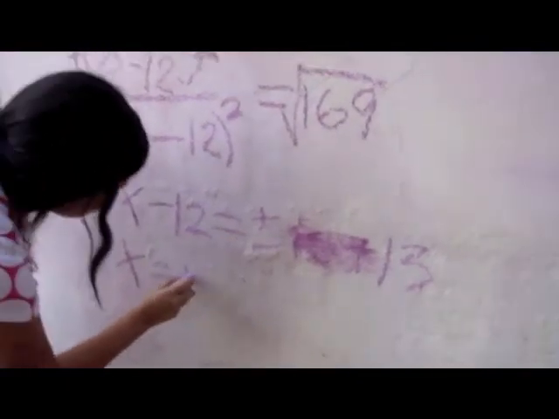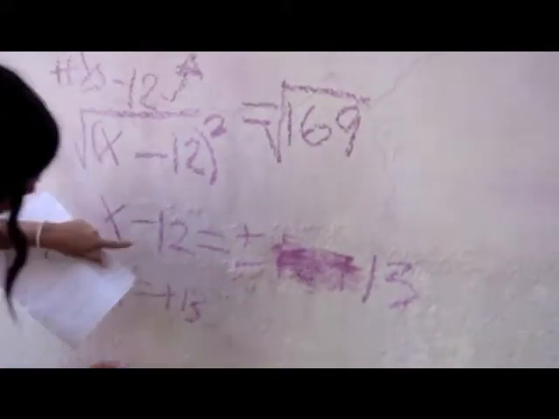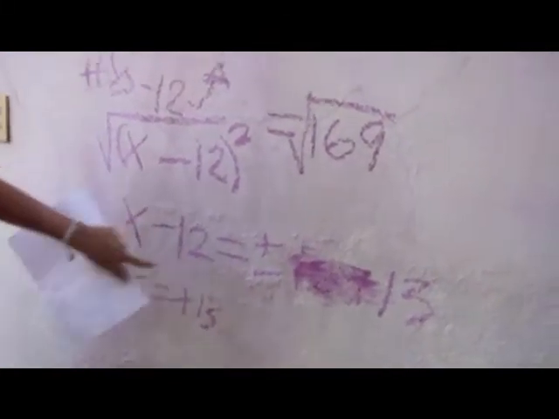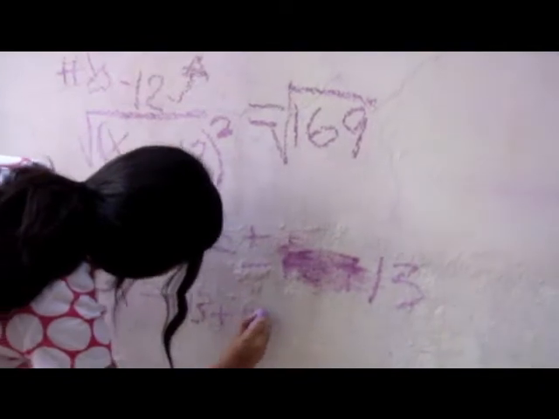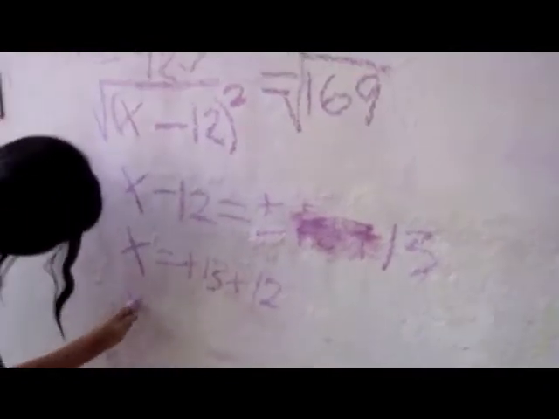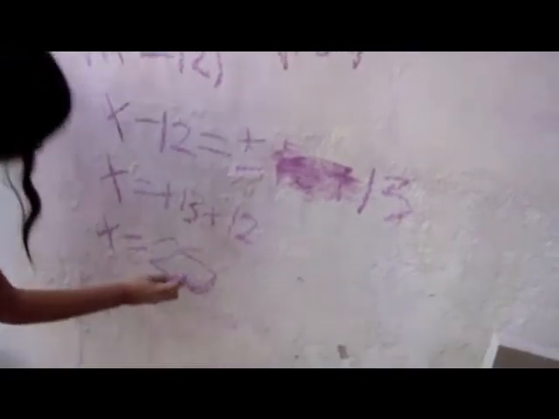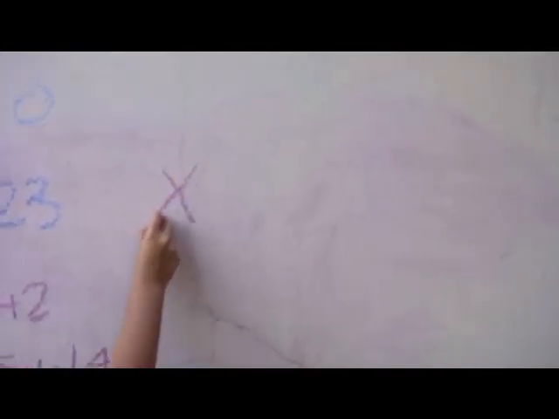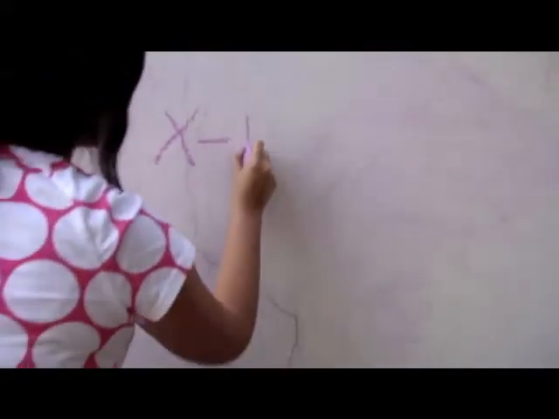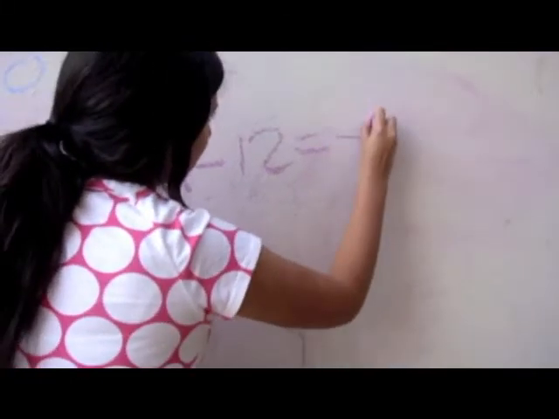Okay, so for x, first we will use the plus 13. We pass the negative 12 to the other side as plus 12. So the first x will give us 25. And for the second x, we will use the negative 13. So x minus 12 equals negative 13.